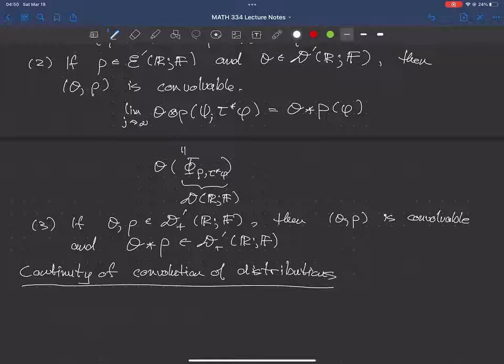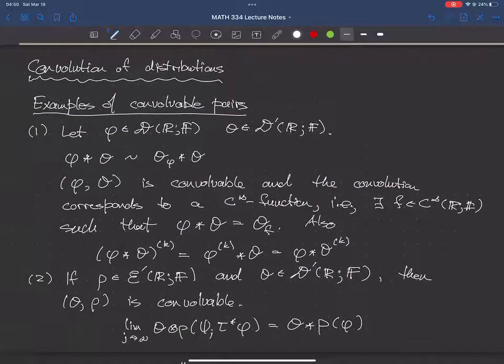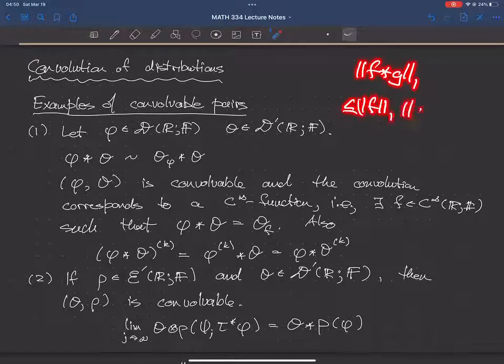You do have to be a little bit careful here, because they're not quite exactly the same as they are with spaces of signals. Because with spaces of signals, we had very strong continuity properties. We basically gave norm estimates of the form of f star g in some norm was less than or equal to something like this, right? And so you had continuity of the bilinear mapping of convolution.